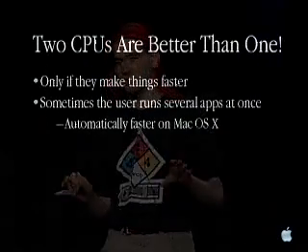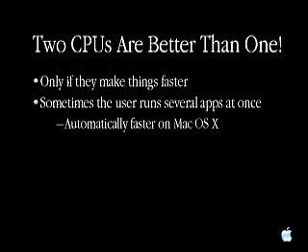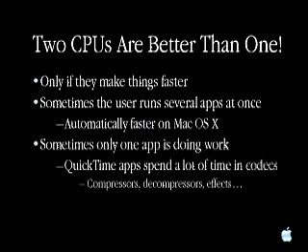In that case, on Mac OS X, we automatically get symmetric multiprocessing that'll schedule and run all of the applications that have work to do. And so that side of the problem's pretty much sorted out for us now on 10. But sometimes only one application is doing any work. In that case, we have to do a bit more work to divide that work up across the available processors.